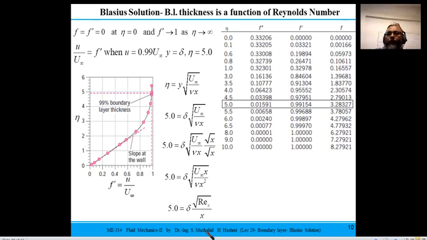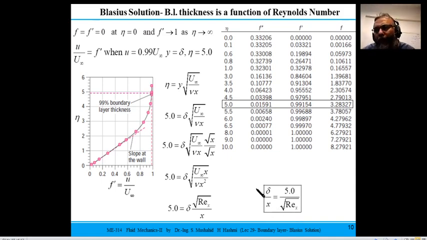So here x, if you take that out of the square root, under root x squared would be x, and the whole thing would be u infinity x over nu, which is your Reynolds number. So what we have learned is that boundary layer thickness divided by this local distance would be 5 over square root of the Reynolds number.